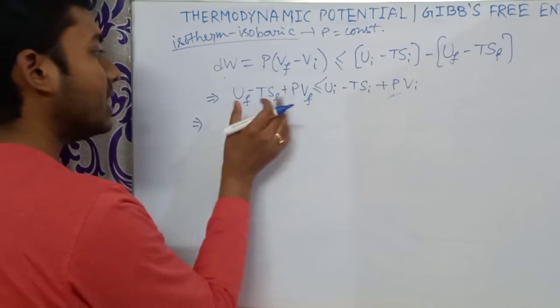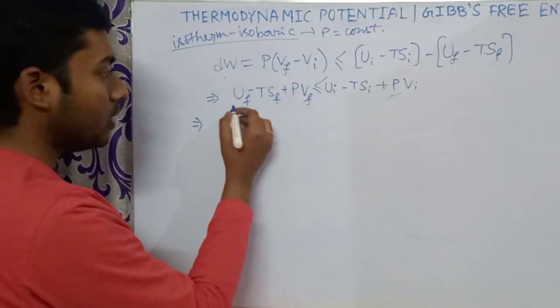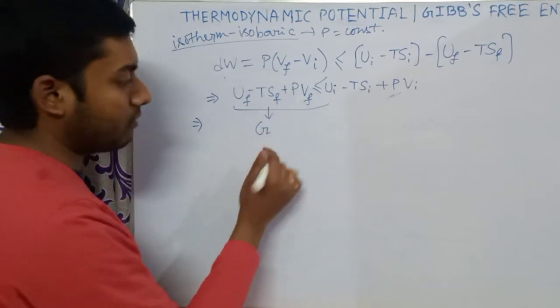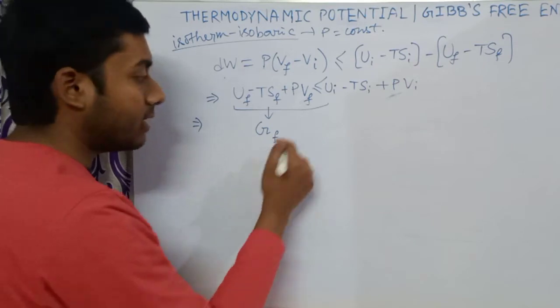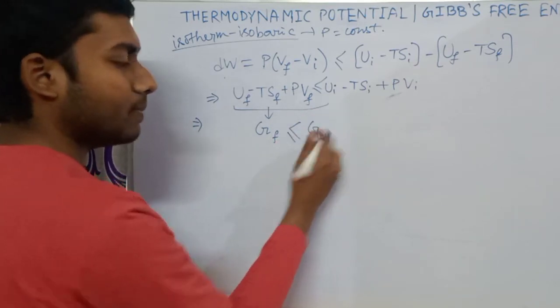So if I denote this thing with another function G, I can write Gf is less than or equal to Gi.